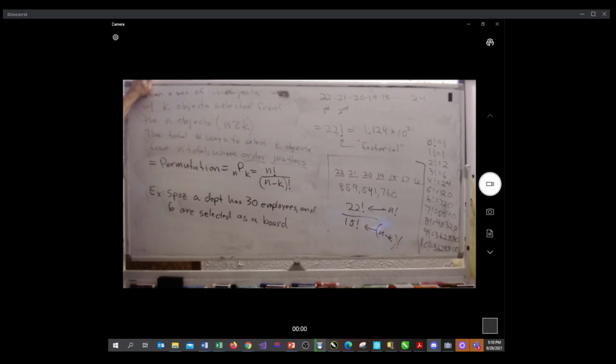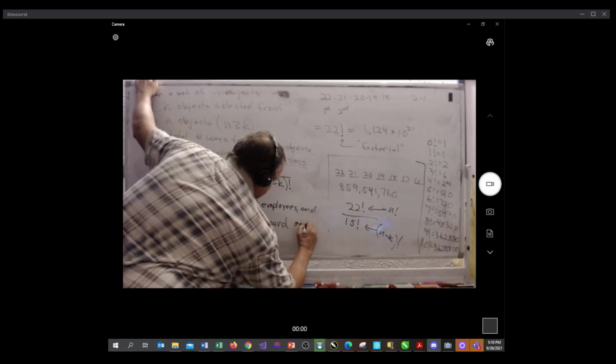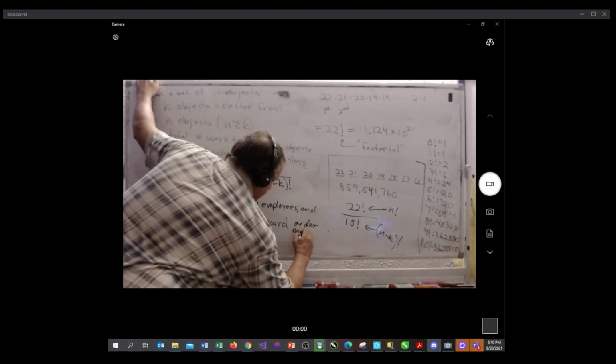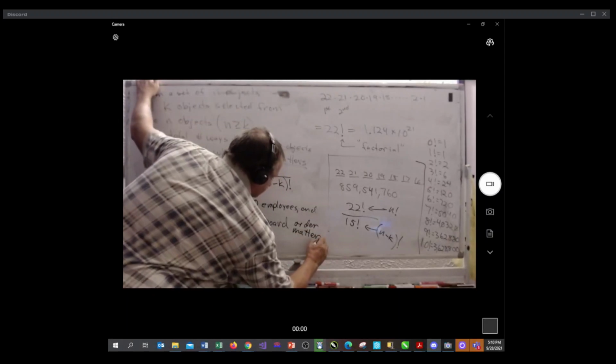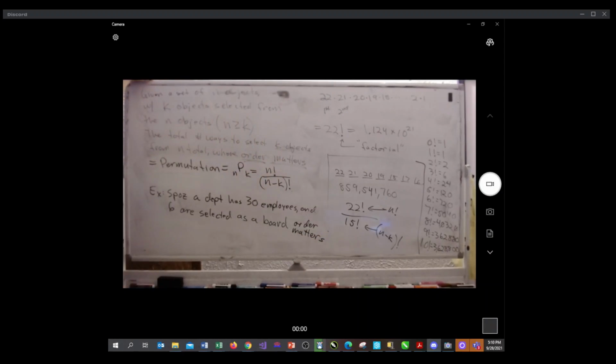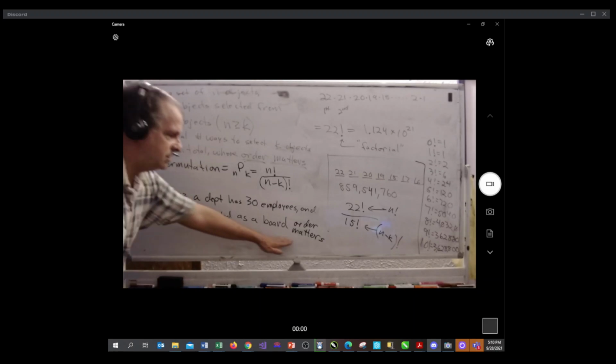I don't know. But it's got 30 people in it, and we're going to select 6 of them for some board where order matters. In other words, each one's going to have a specific title. If the same 6 were selected but to different posts, that would be different. Order matters.